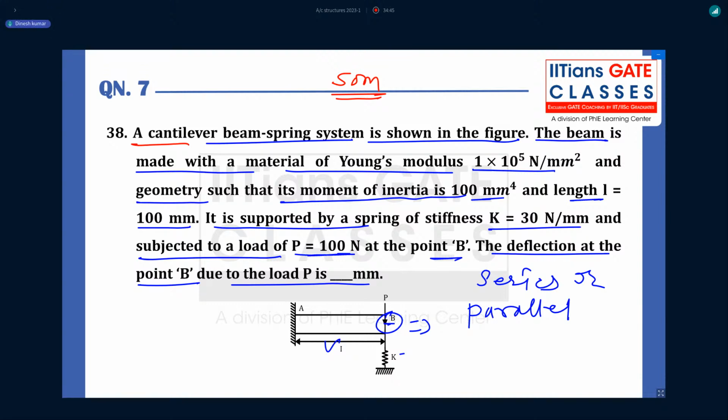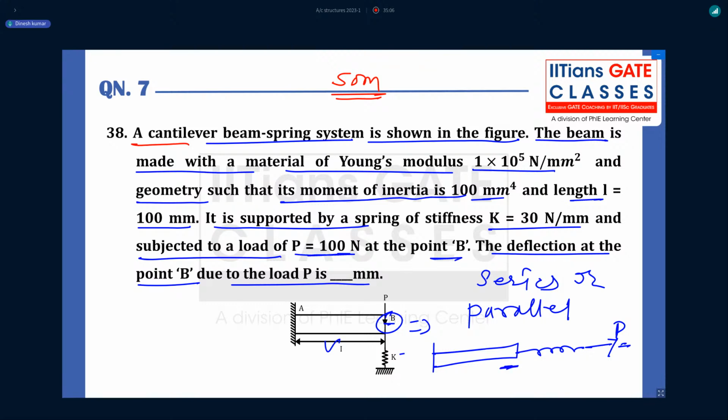What is the definition of series? Series means suppose this is my beam and you connect your spring here and then you apply load, then it is series, because the load P is not directly applied on this beam.